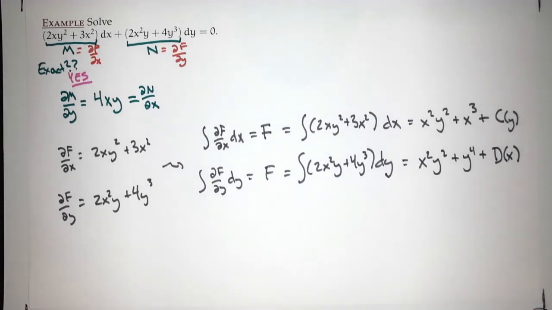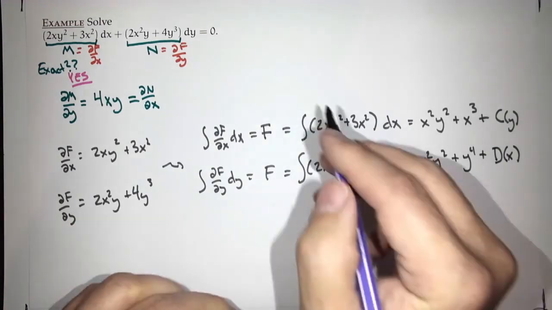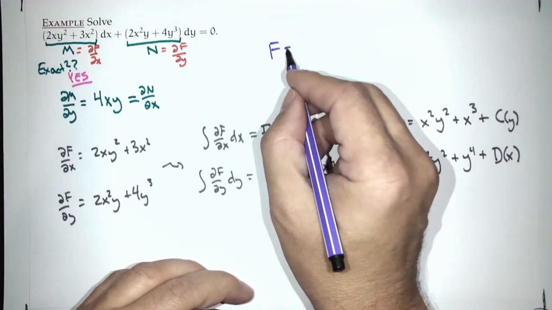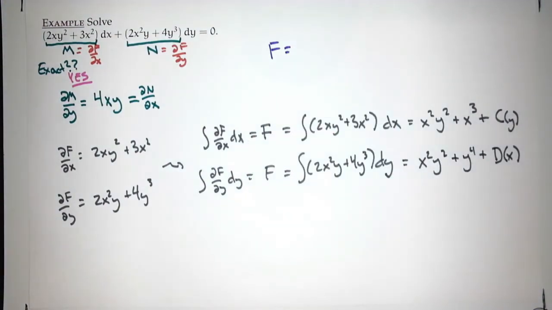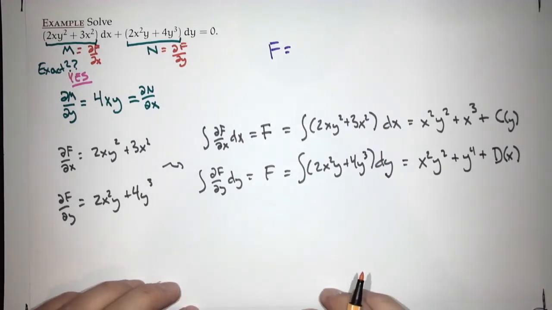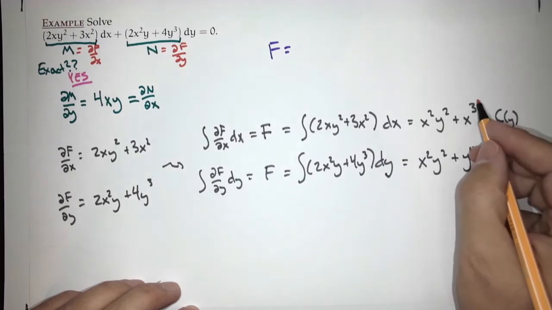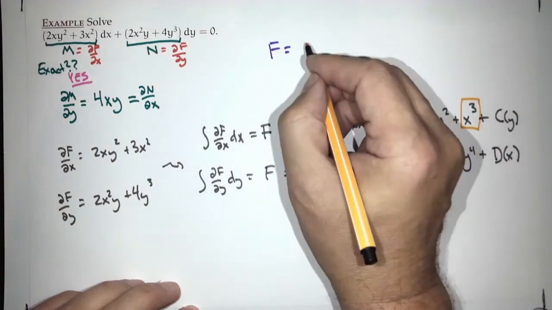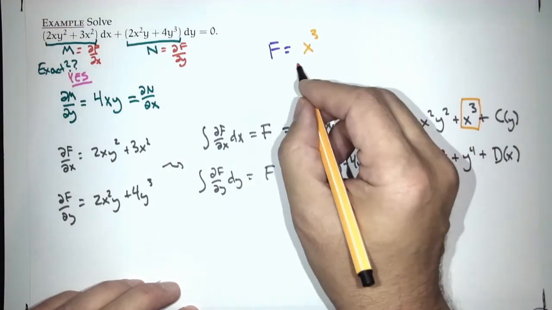And now what you do is you just do a comparison and say, okay, so how do I find f? The key is you say anything that has only x has to be included. Is there anything with only an x? x cubed. So you have to have only x.